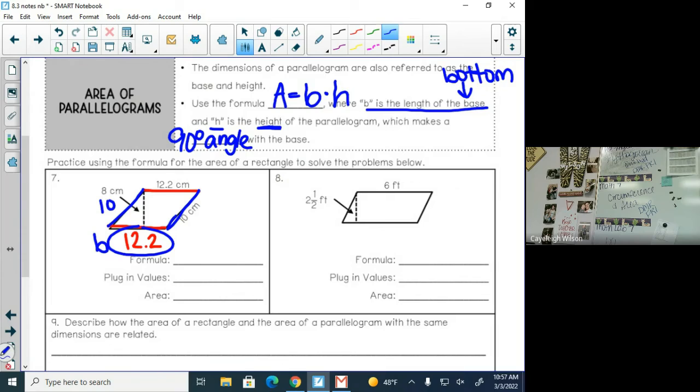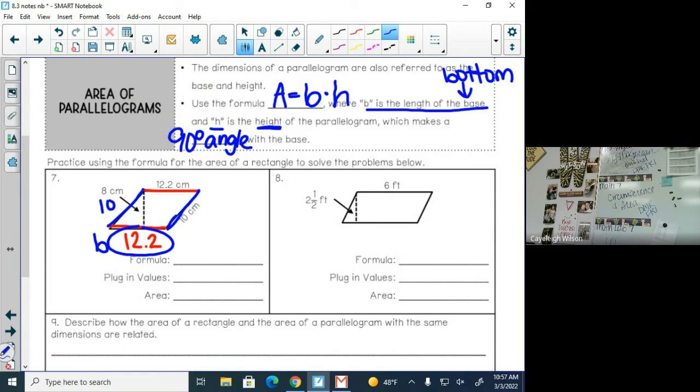Now, when we're talking about height, we're talking about how tall something is. All right, so if I'm going to have Ethan stand up, if I'm going to measure Ethan, would I measure him like this, or would I measure him like this? Standing straight up. So the height is straight up and down, not this one that's slanted.